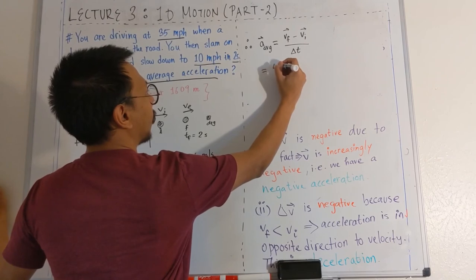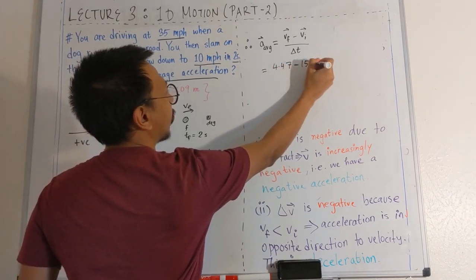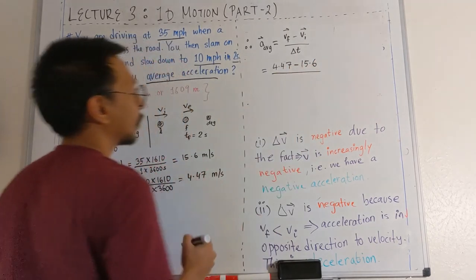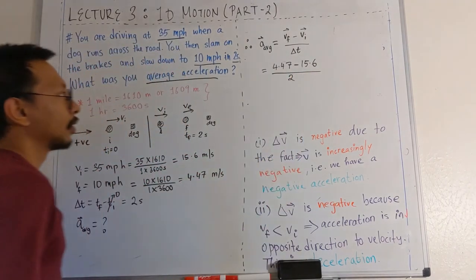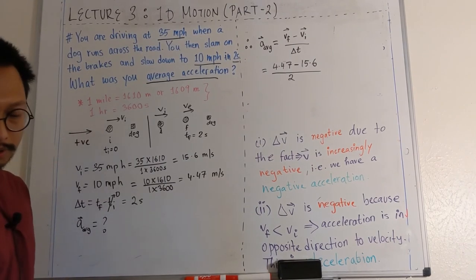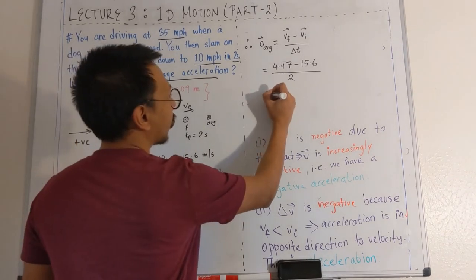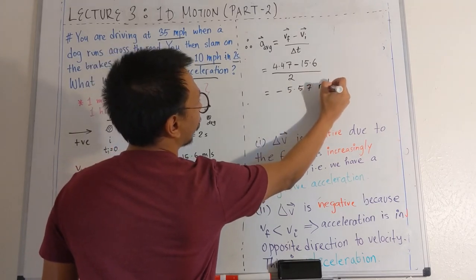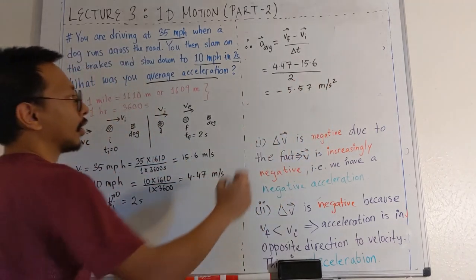So 4.47 minus 15.6 over delta T, which is 2. If we solve this, we get an answer which is negative 5.57 meters per second squared. This is the unit for acceleration.